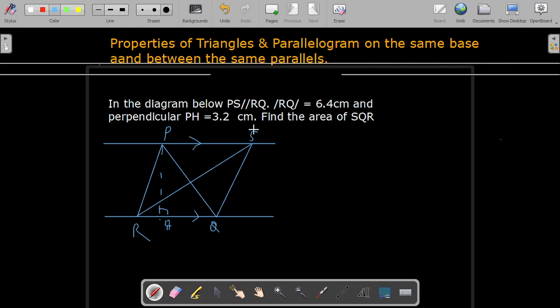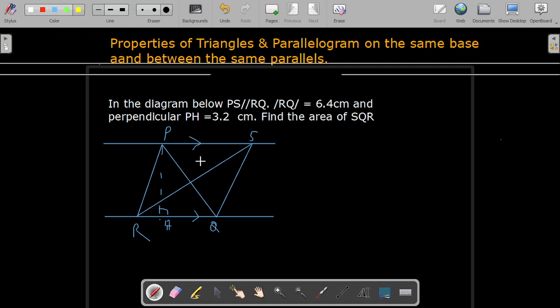So in the diagram below, PS is parallel to RQ. Line PS is parallel to line RQ. If the length of RQ is equal to 6.4 centimeters, and perpendicular PH is 3.2 centimeters, find the area of SQR.